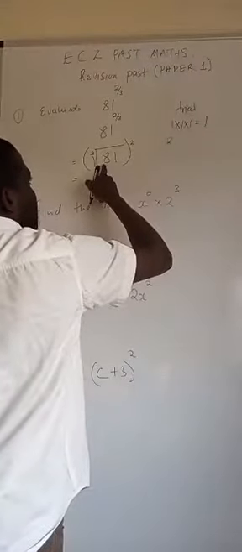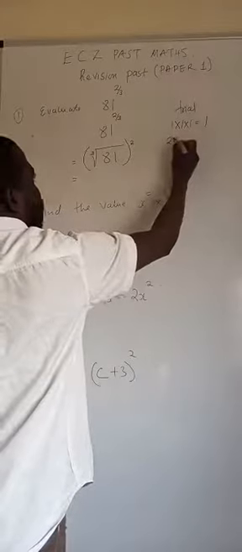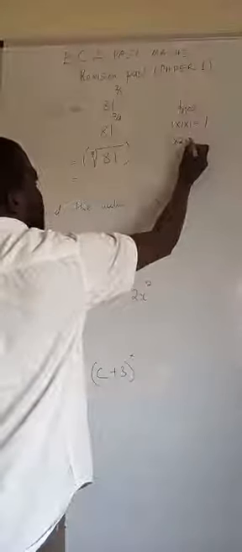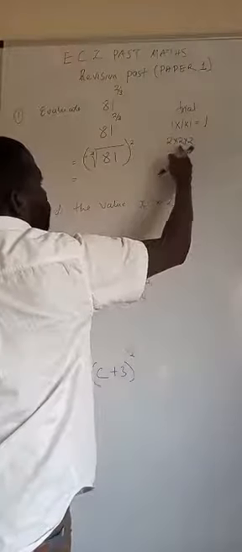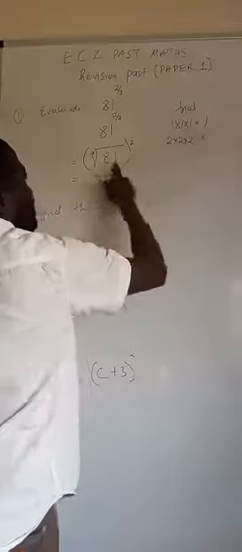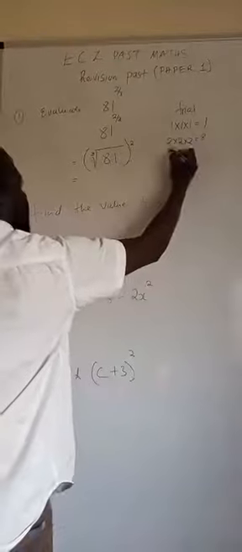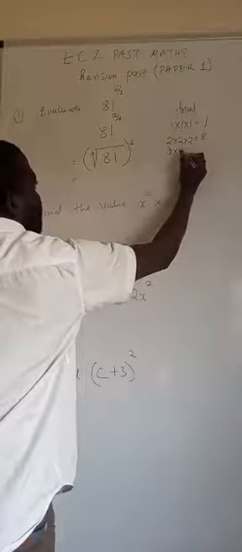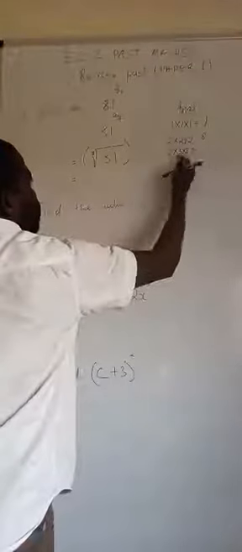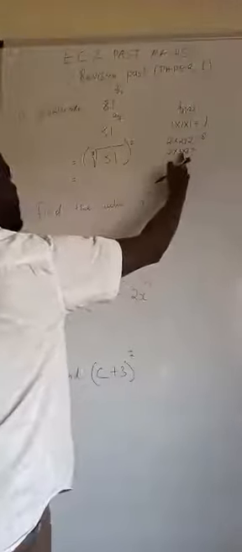I try 2. 2 times 2 times 2. I should multiply the number 3 times. 2 times 2, 4. Times 2, 8. Is it 81 in here? No. 2 is failing. I go 3. 3 times 3 times 3. 3 times 3, 9. 9 times 3, 27.